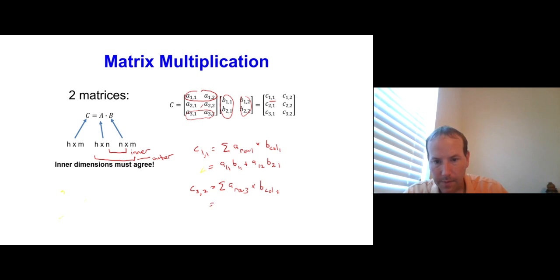And if I look at the individual elements of that, that would be A31 times B12 plus A32 times B22. Right, and so I always envision it as where they intersect. So it's this with this, that'll give you this point right here.